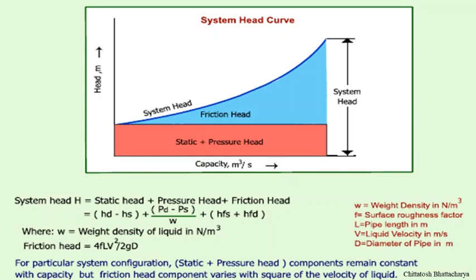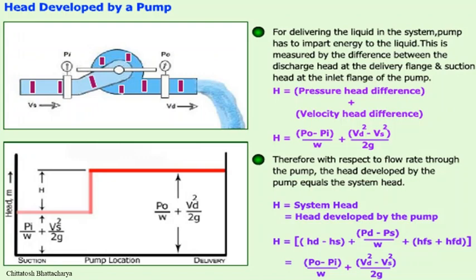Let us now try to understand the head developed by a pump. For delivering the liquid in the system, the pump has to impart energy to the liquid. So this is measured by the difference between the discharge head at the delivery end and suction head at the inlet end of the pump. So pressure head difference plus velocity head difference gives the pump head.